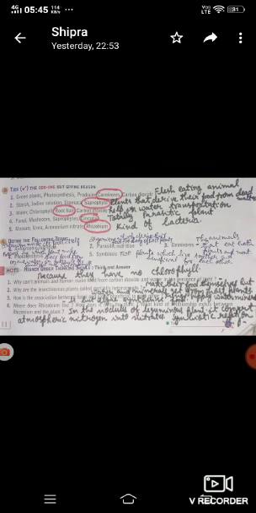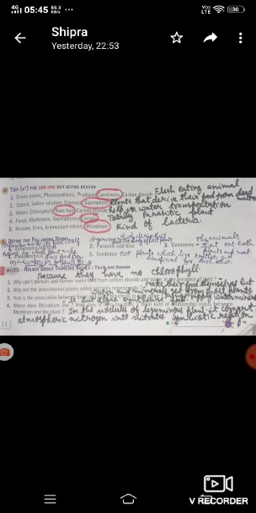Then third, how is the association between fungi and algae beneficial to each other? Answer: Algae provide nutrition, fungi provide shelter. So these are beneficial to each other. Next, 4. Where does rhizobium live?